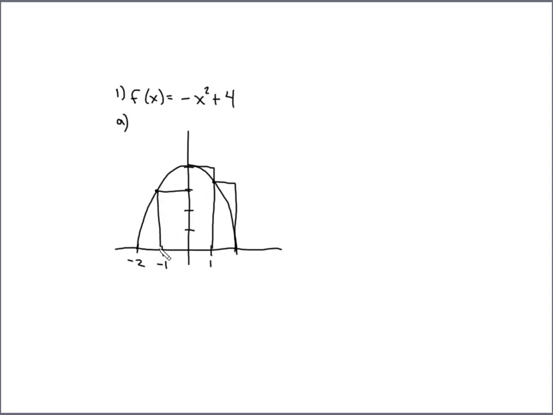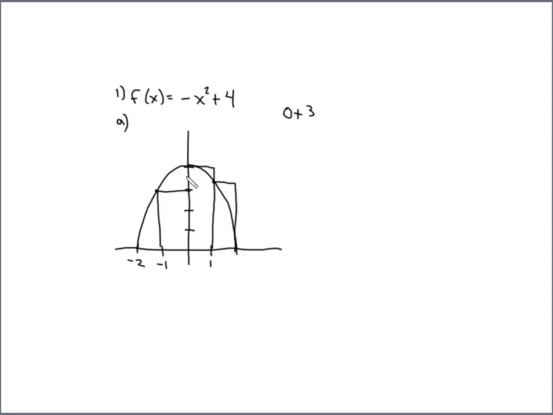Anyway, we said the first one had height 0, so let's just go ahead and write that 0. Each one has width 1, so really the area is just the height by itself, because height times 1 is just itself. The second one is going to have height, what's the output at -1? Well, if I plug -1 in there, I get -1 squared, which is 1, so -1 plus 4 is 3, so its height is 3.